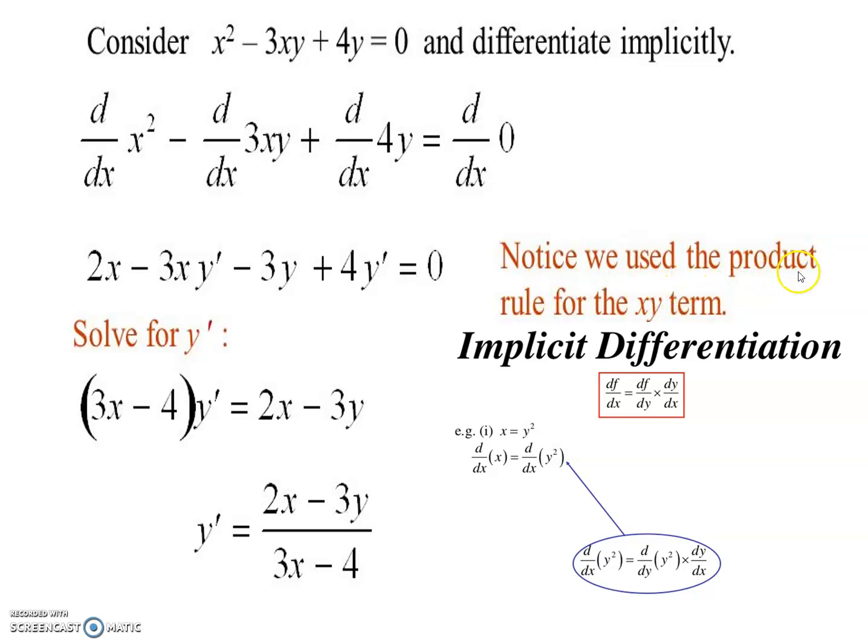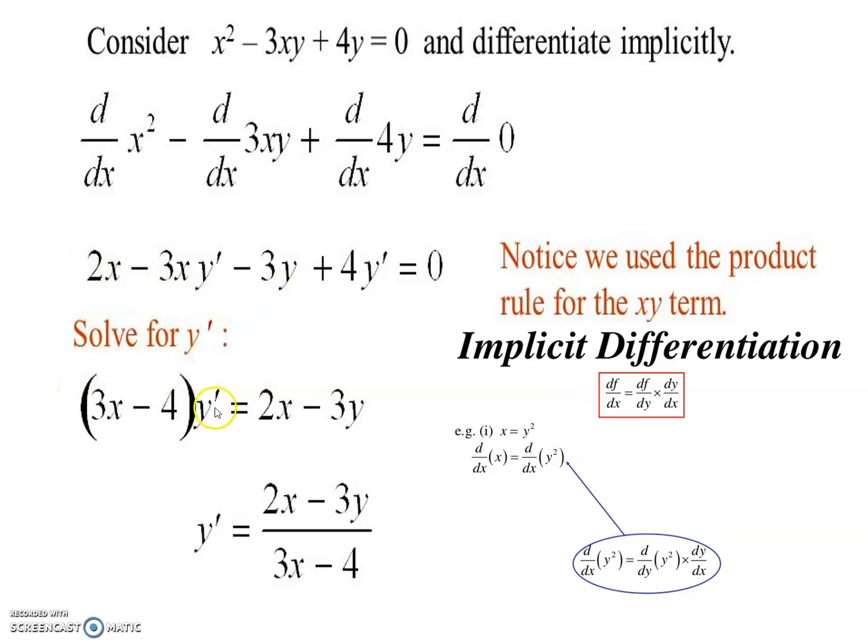So notice we have to use the product rule for the xy term. Now solve for y dash. Minus 3x minus 4y dash, that is, we equate the terms of y dash and y dash. Minus 3x and plus 4y, we take the minus sign common.